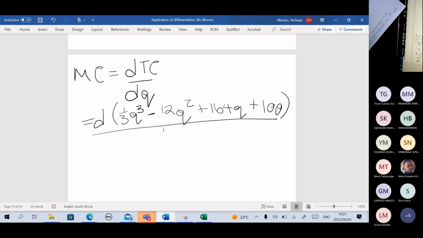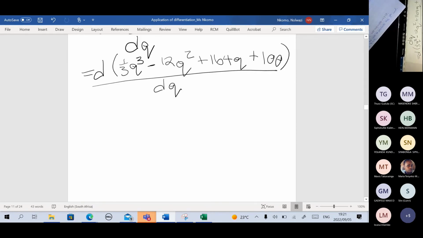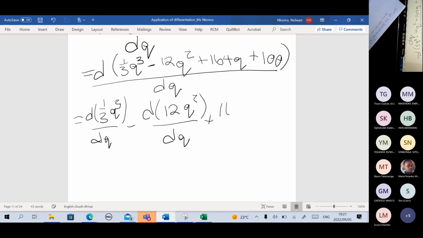Okay, we're differentiating with respect to Q. This means we have the derivative of 1/3 Q cubed with respect to Q minus the derivative of 12Q squared with respect to Q plus the derivative of 164Q with respect to Q plus the derivative of 100 with respect to Q. The derivative of 1/3 Q cubed is Q squared, right?